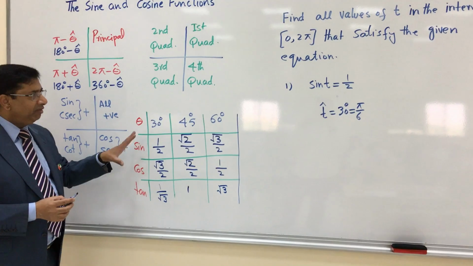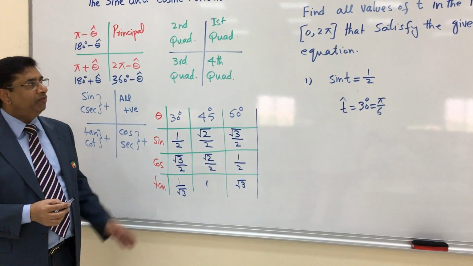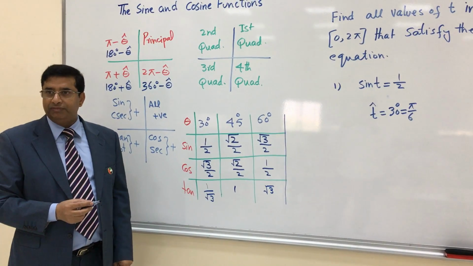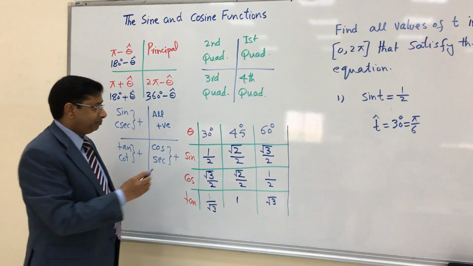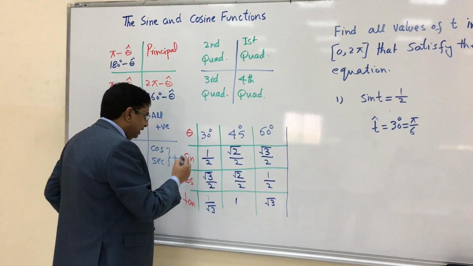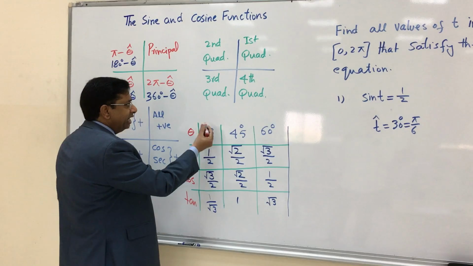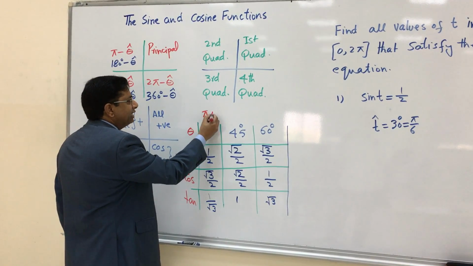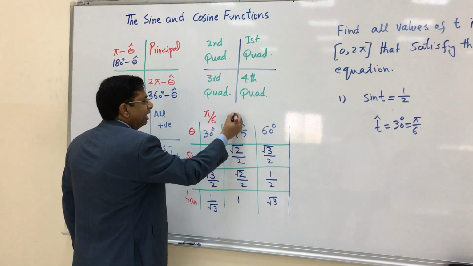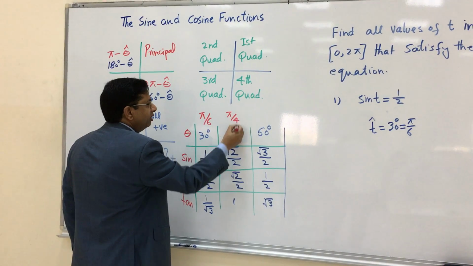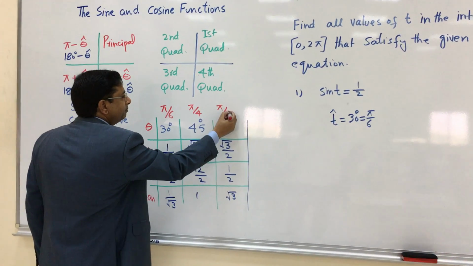So this is the table we will be using while solving these trigonometric equations. And remember, we say this angle 30 in radian we write as pi over 6, and this is pi over 4, pi over 3.